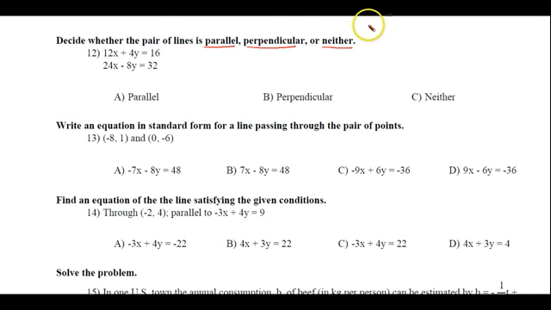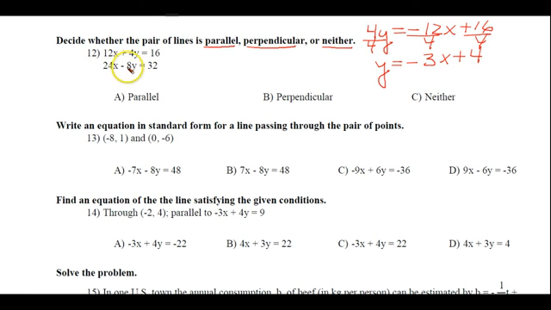So I'm going to solve that first equation for y. Transposing, y equals a negative 12x plus 16. Now divide everything by 4, and I get y equals a negative 3x plus 4.